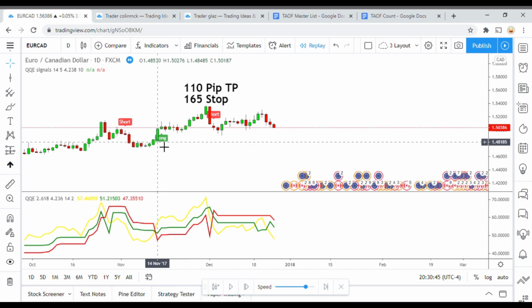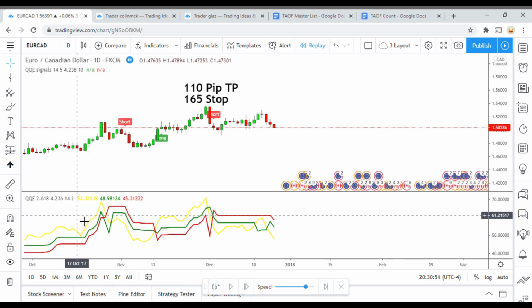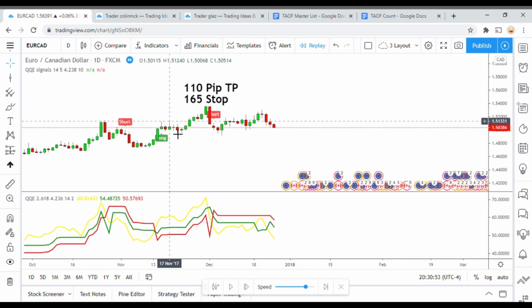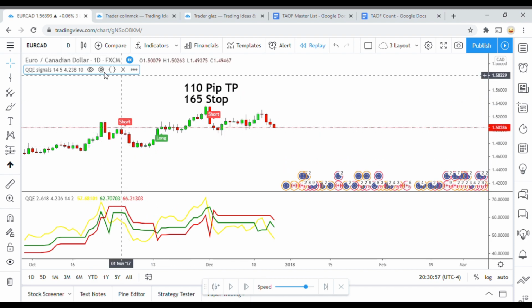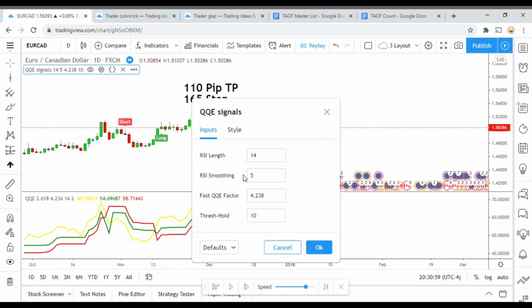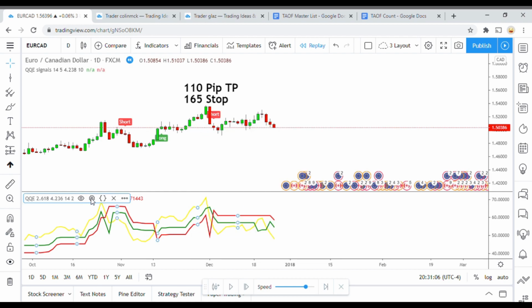I do believe that the settings are slightly different between this QQE down at the bottom and this one at the top, the signals. You can see that there are different inputs on this one.